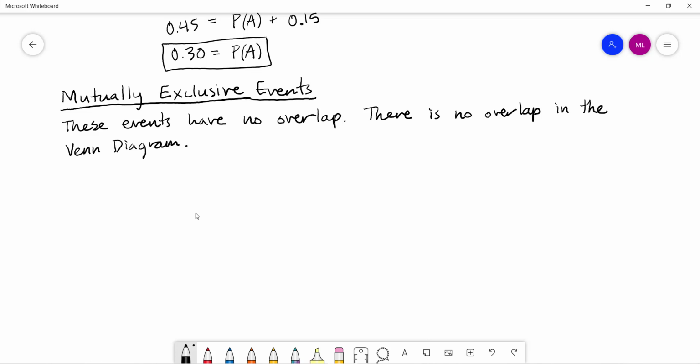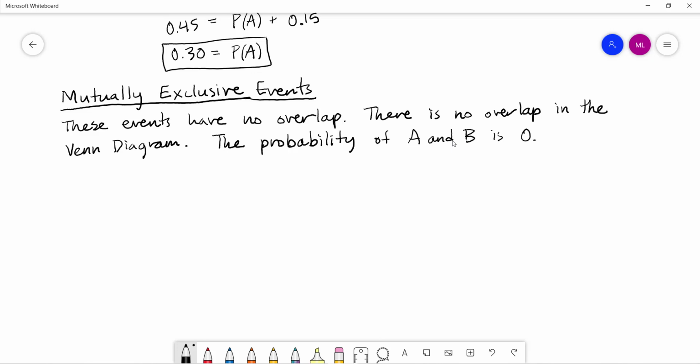Another way of saying it is the probability of finding something that's in that overlap, so of anything that's in both A and B, is 0 because there's nothing there. So if there's nothing in that overlap, the probability of the overlap, which is the A and B part, must be 0.